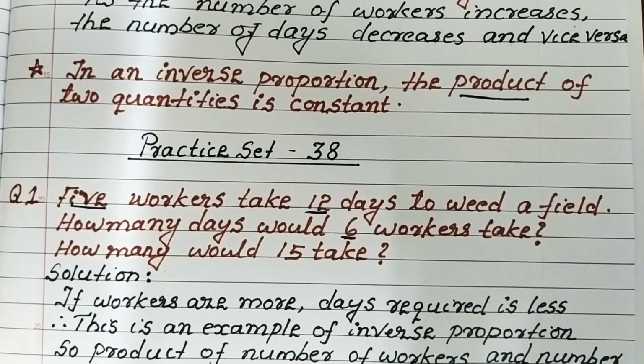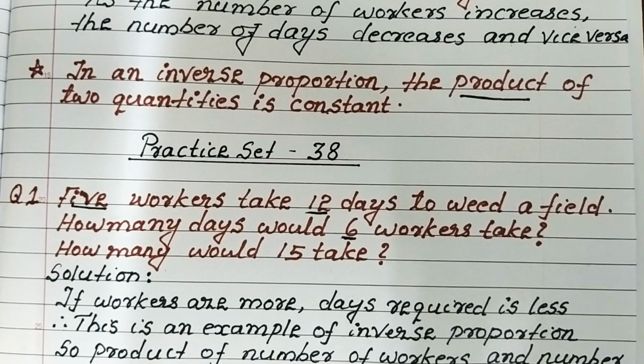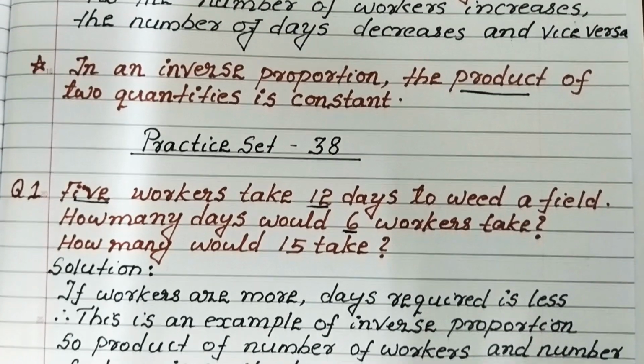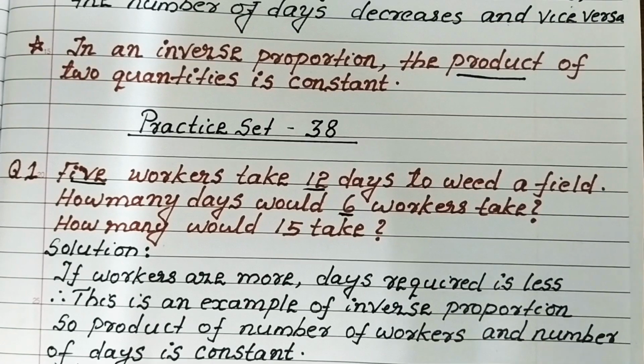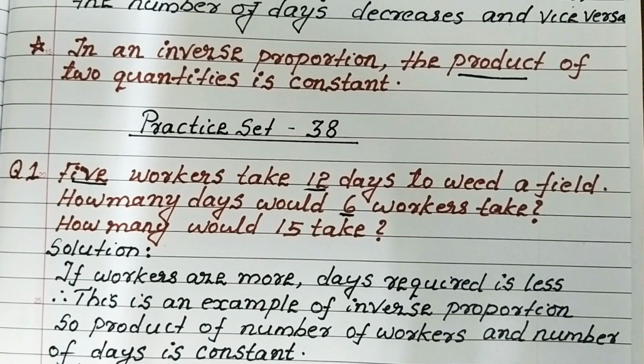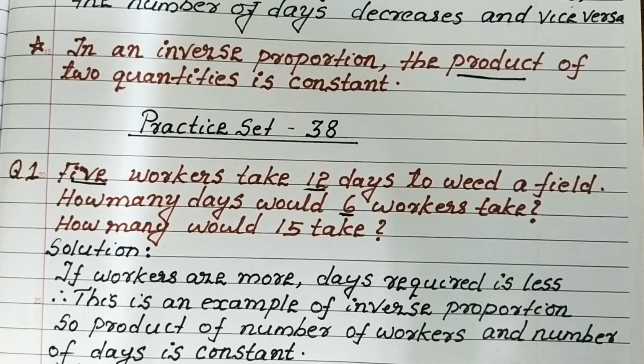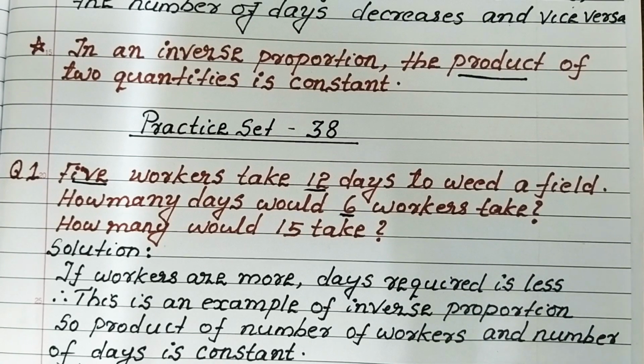5 workers take 12 days to weed a field. How many days would 6 workers take? How many would 15 take? So first of all, check whether it is an inverse proportion or not. How to check it?